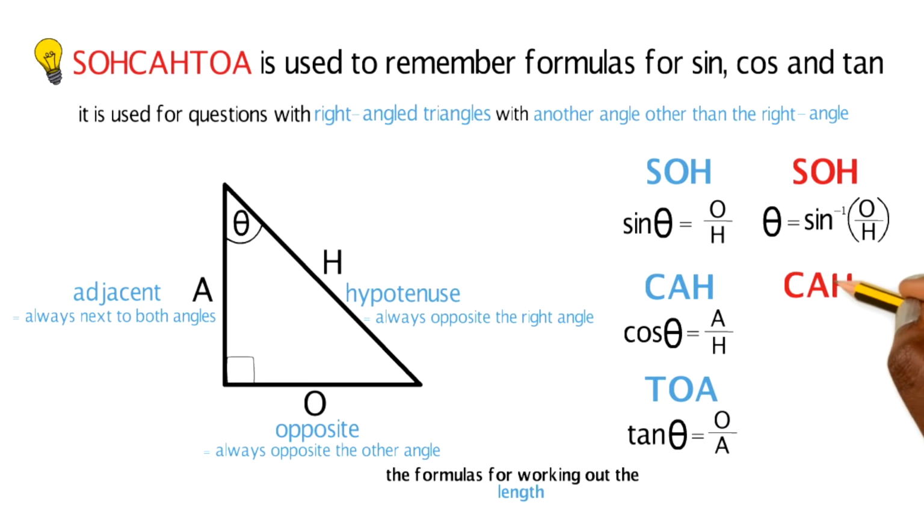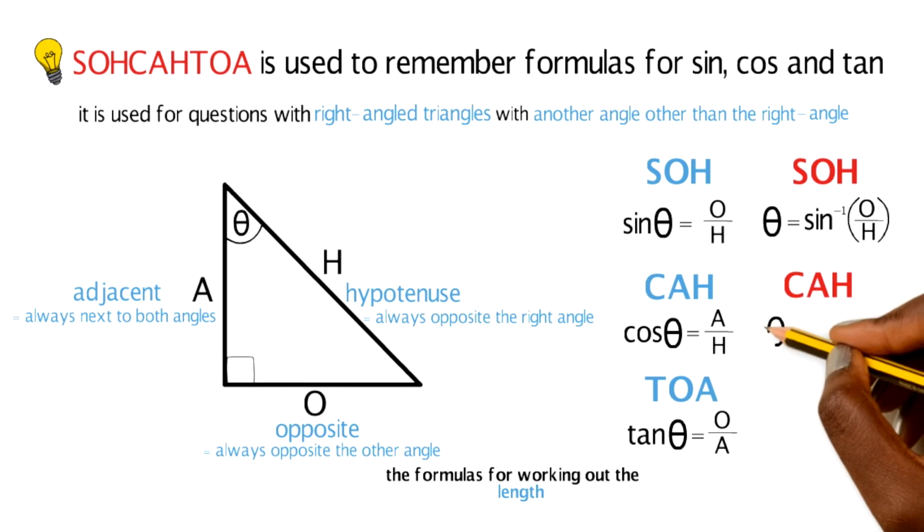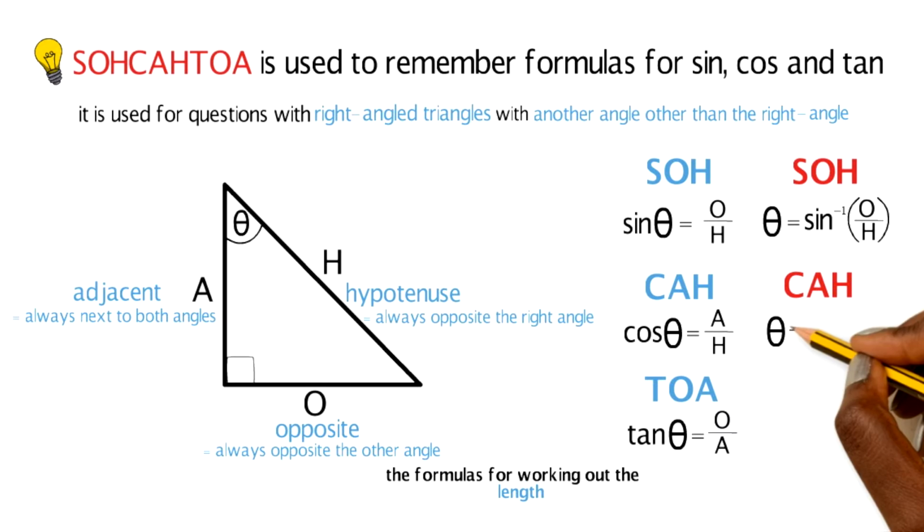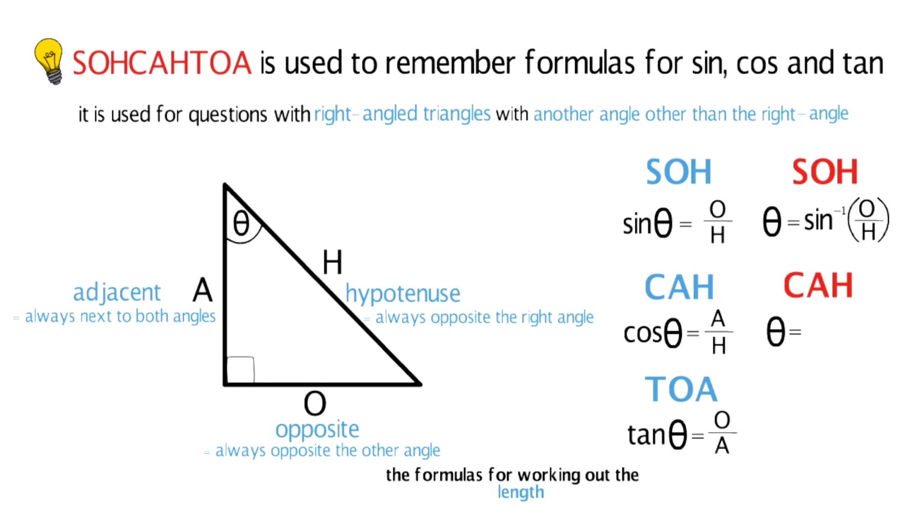So shift, then sine. To get inverse cos, you can see where this common pattern is occurring. So the angle that you're trying to work out if it's cos, okay? So cos to the minus 1, again, you would press on your calculator, shift, and then cos to get that coming up. So it will be cos to the power of minus 1 in your brackets, A over H.